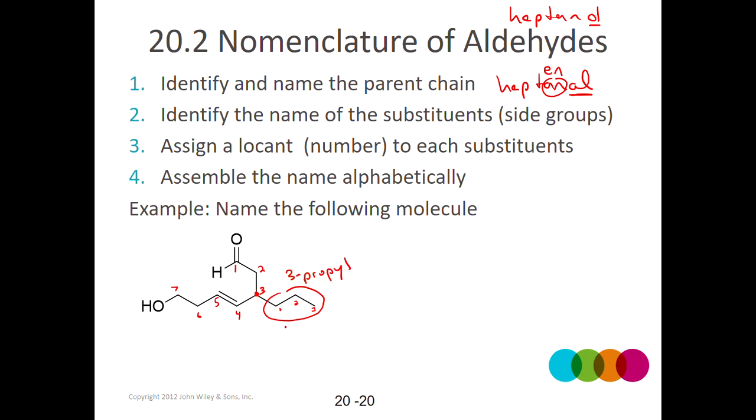So 3-propyl. And I've got an OH. With the OH, I can name that as a substituent called a hydroxyl, and that's on carbon 7. So I've got to put this all together. I've got to alphabetize the substituents. So I should have 7-hydroxyl.